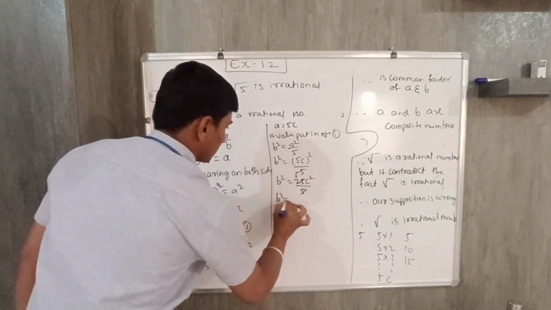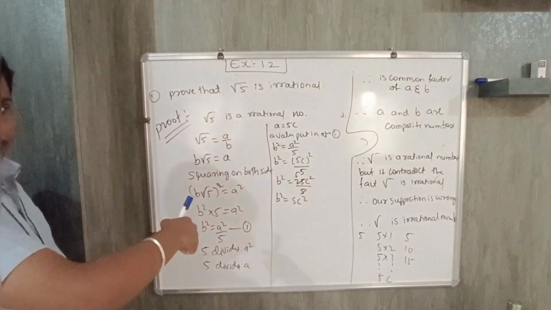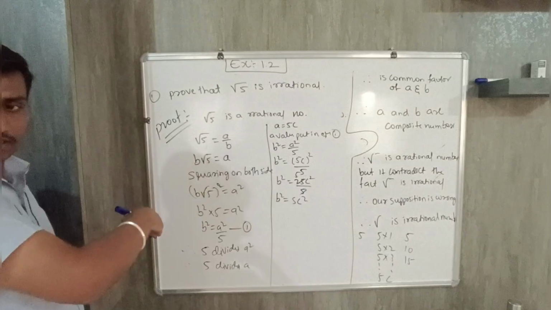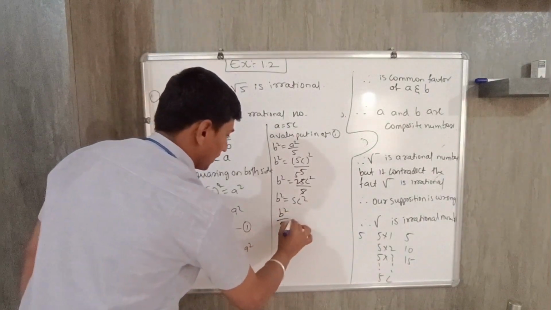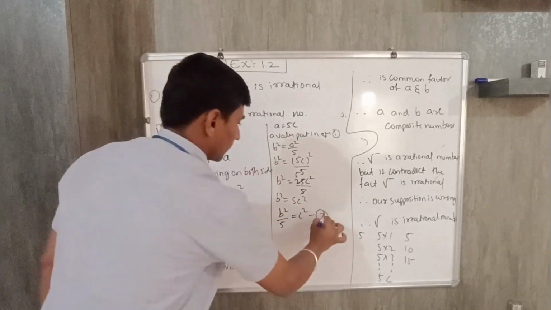So now b square equal to 5c square. Again 5 take this side means divide. So now b square by 5 equal to c square. It is equation 2.